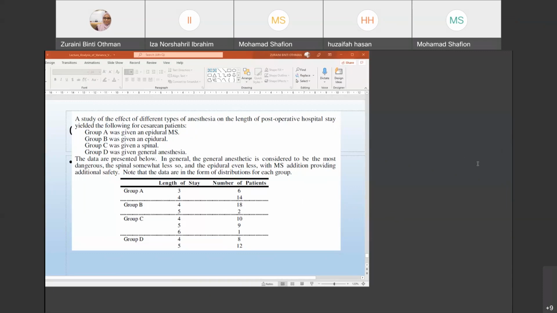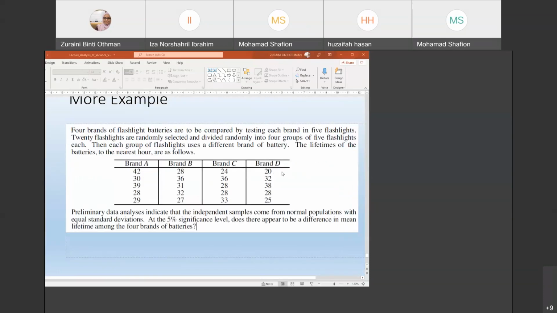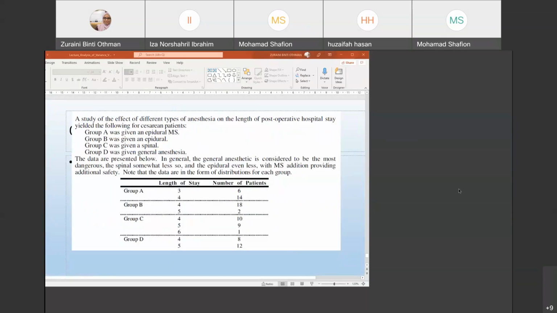Okay, now here, is there any mention of the significance level in this study? There is no mention, right? So how can we conclude? Usually we only use 0.05 or we use 0.01.